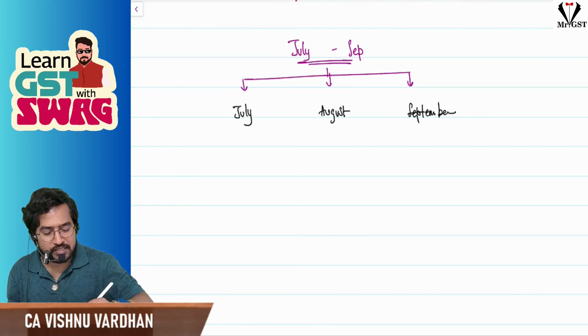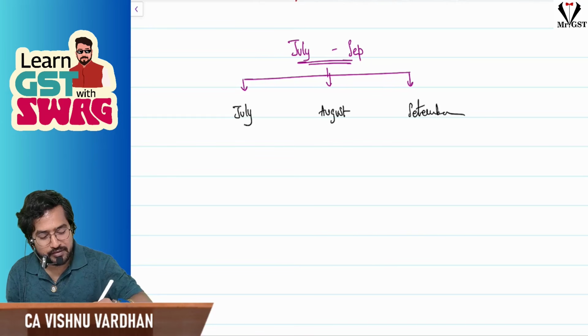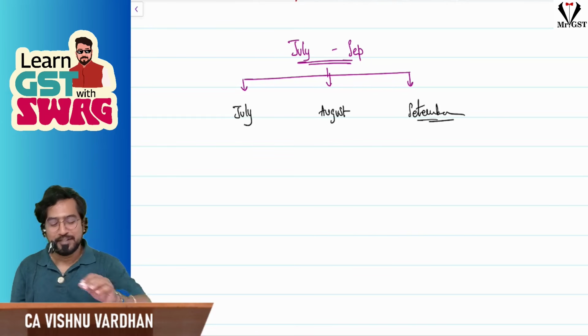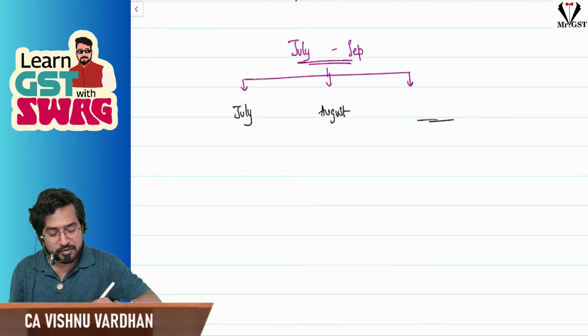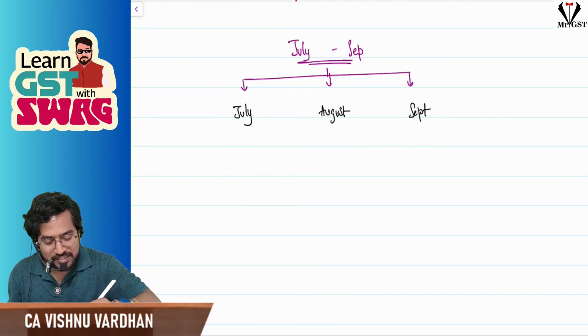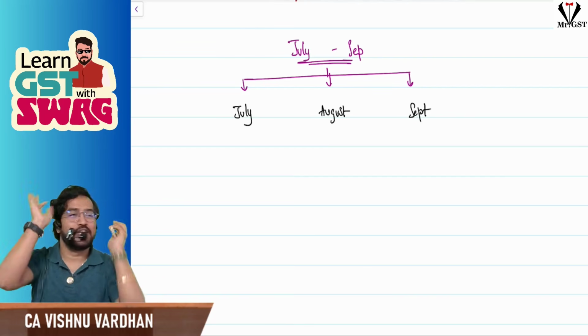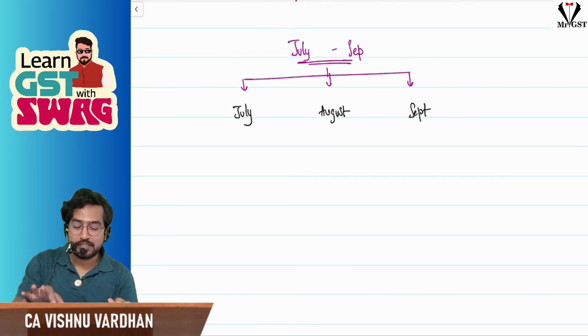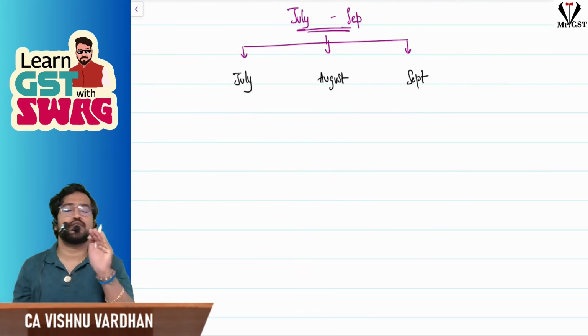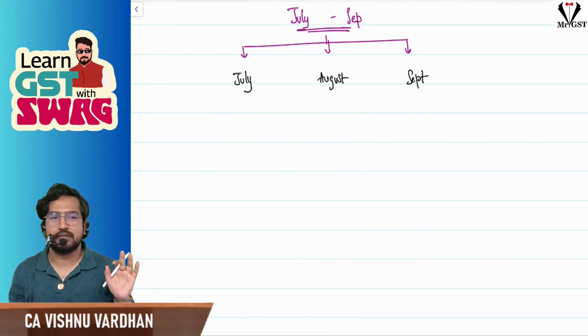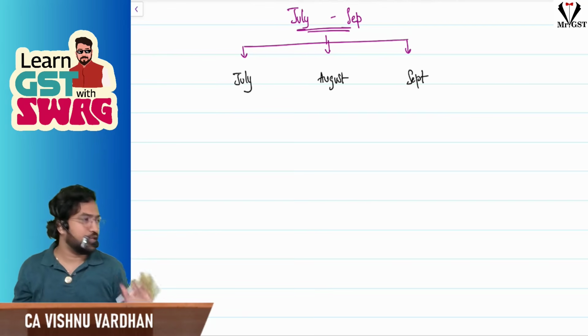September. So 3 months we have, correct? In these 3 months, the point is: pay taxes monthly. After the quarter is over, you file the returns.